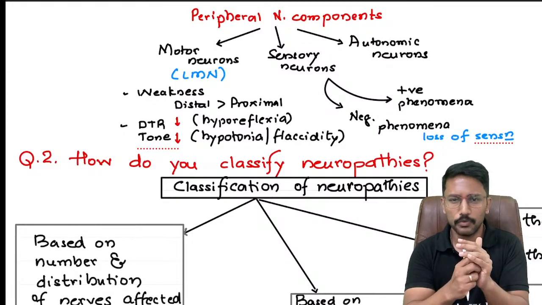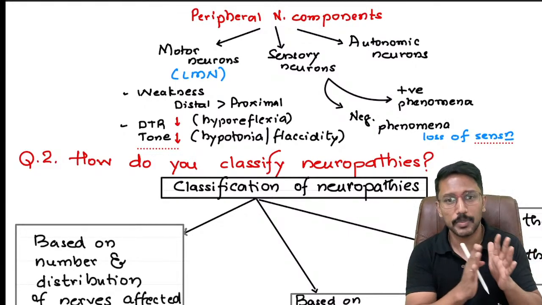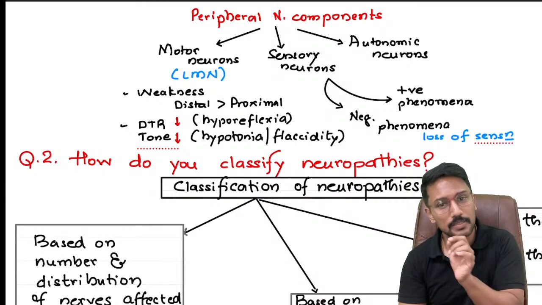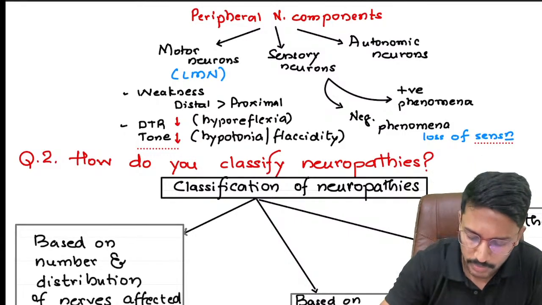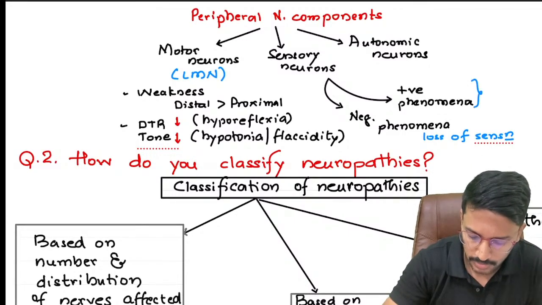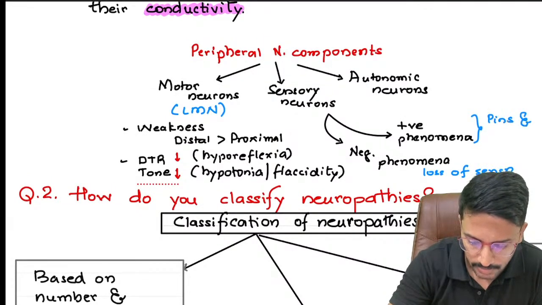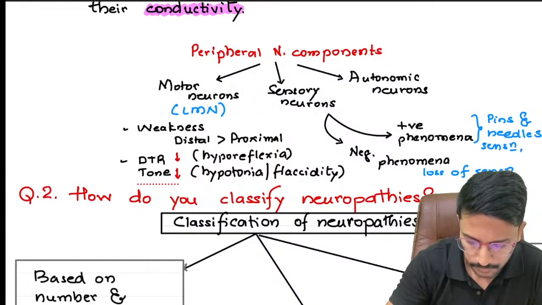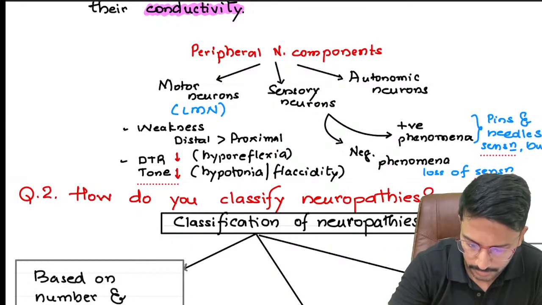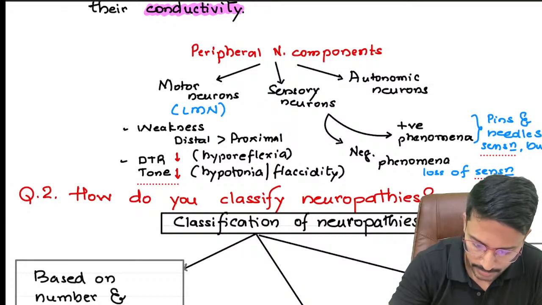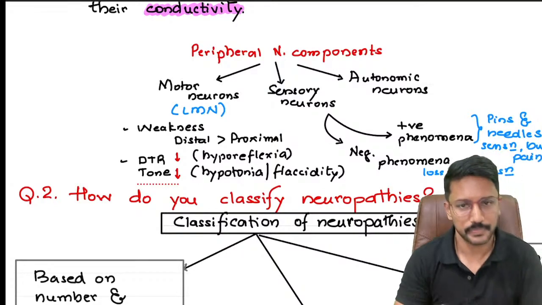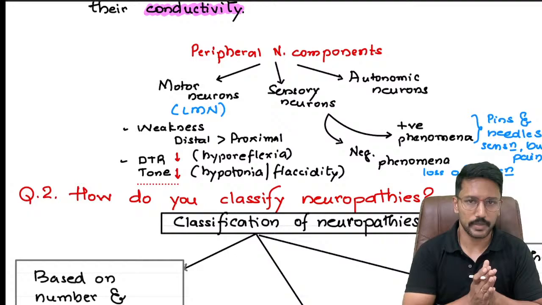If I don't give you a painful stimulus, you shouldn't be feeling the pain. But these patients feel the pain in the absence of the stimulus. Such symptoms we call positive phenomenon. The most important thing to remember is the pins and needles sensation, then the burning sensation, and perceiving pain.